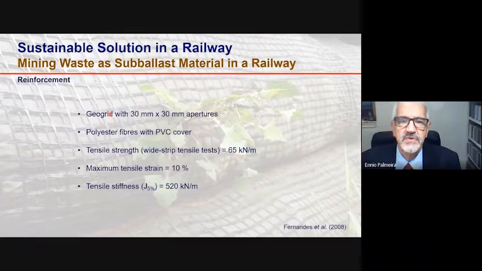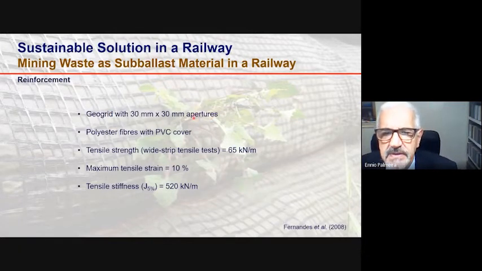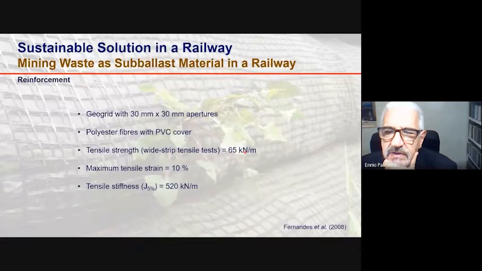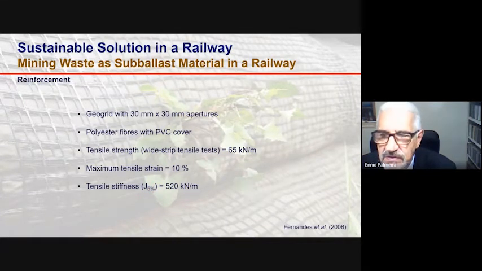The reinforcement used was a geogrid with 30 by 30 millimeter apertures, manufactured with polyester fibers with a PVC cover, a tensile strength obtained in wide strip tensile test of 65 kilonewtons per meter, maximum tensile strain of 10%, and a tensile stiffness at 5% strain of 520 kilonewtons per meter.